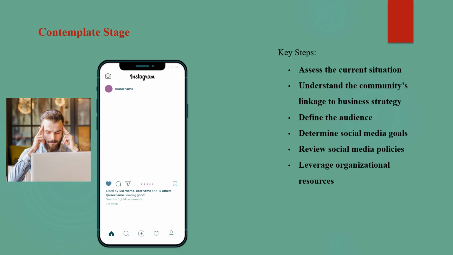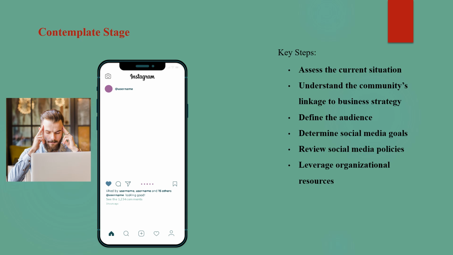Knowing who the community will target helps in tailoring the strategy to meet their needs. Once the audience is defined, the organization can set clear, measurable social media goals that align with business objectives. Reviewing existing social media policy ensures that the organization activities are guided by best practices and complying with legal and ethical standards.